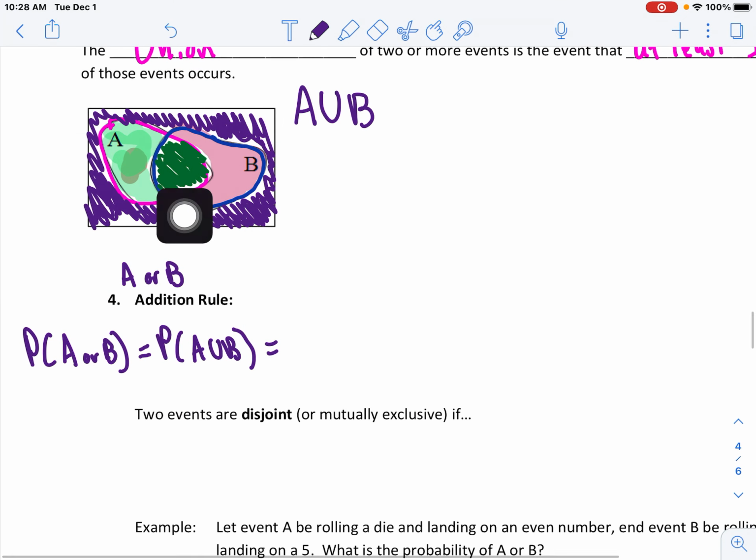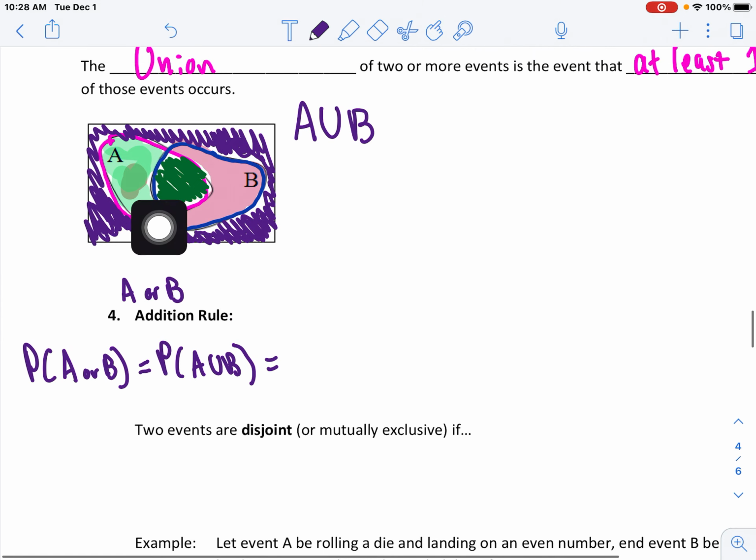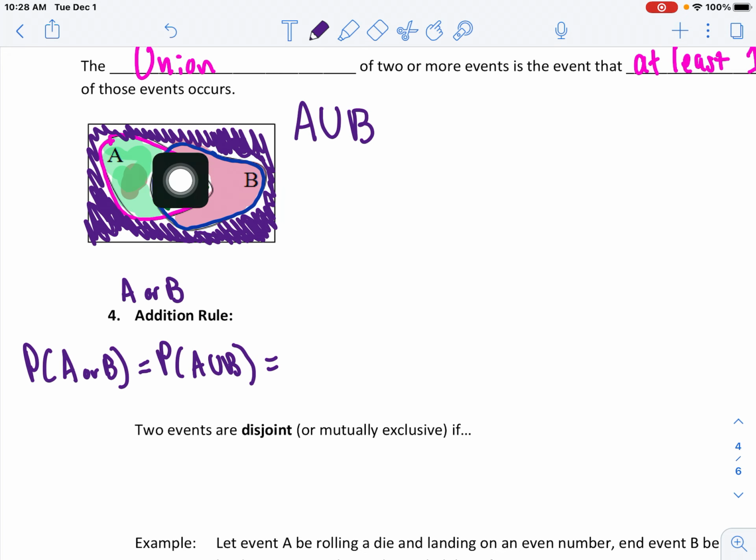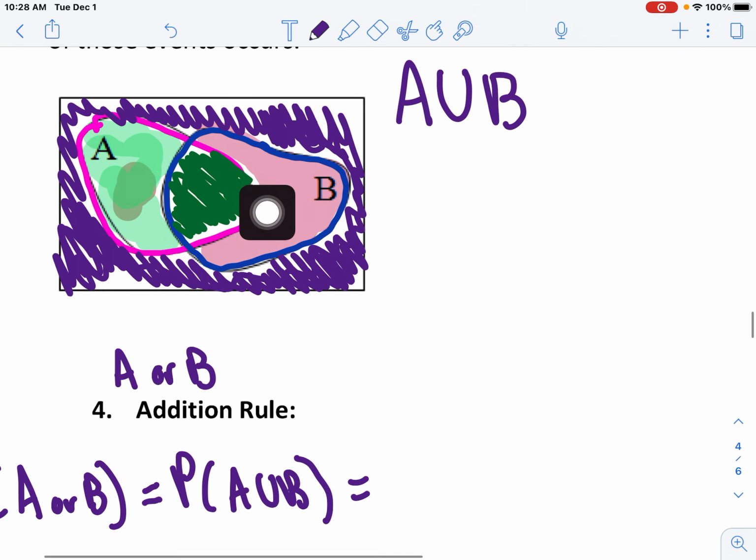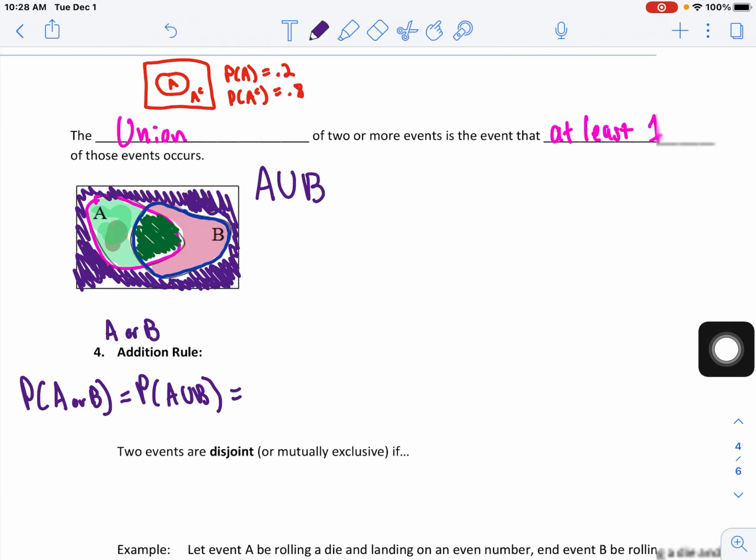Now, what we're trying to find, guys, is the total probability of the two pieces combined in here. So like the A and the B combined. So whatever's not purple, basically.